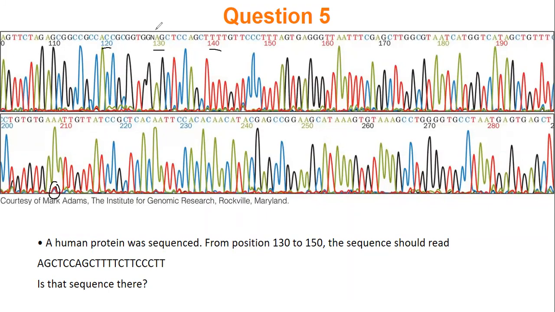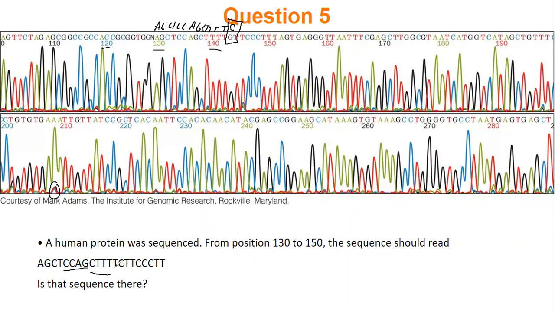So the sequence I expect should go A, G, C, T, C, C, A, G, C, T, T, T, T. Remember, all I'm doing is reading this and seeing if it matches up. Then it should go C, and I found an error in my actual DNA sequence.